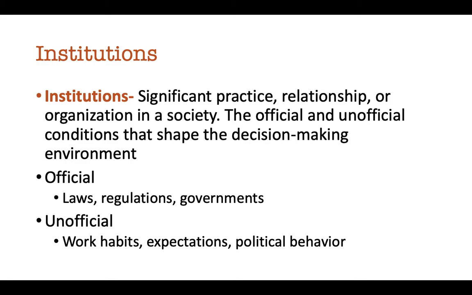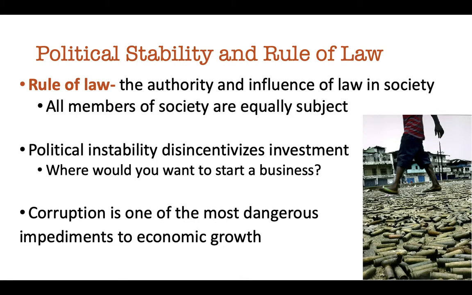So these next few slides, we're going to go over some specific institutions that most people agree are really pivotal to economic growth. The first institution that I want you to know is political stability and the rule of law, sometimes just shortened to rule of law. The rule of law just talks about the influence of law in society.